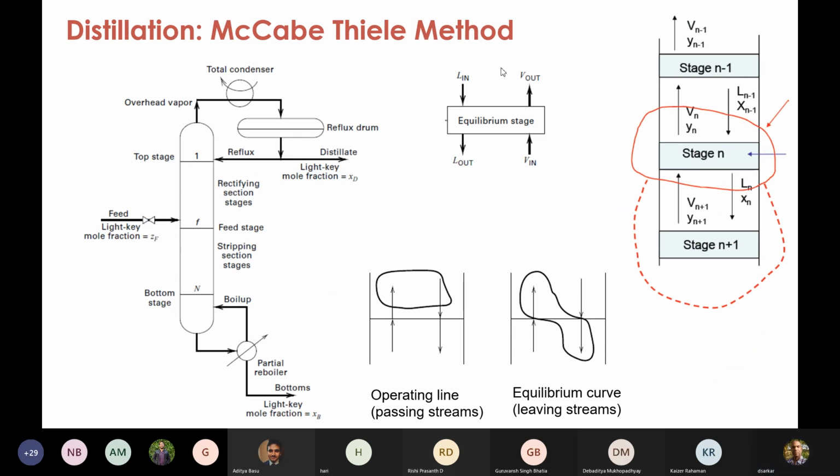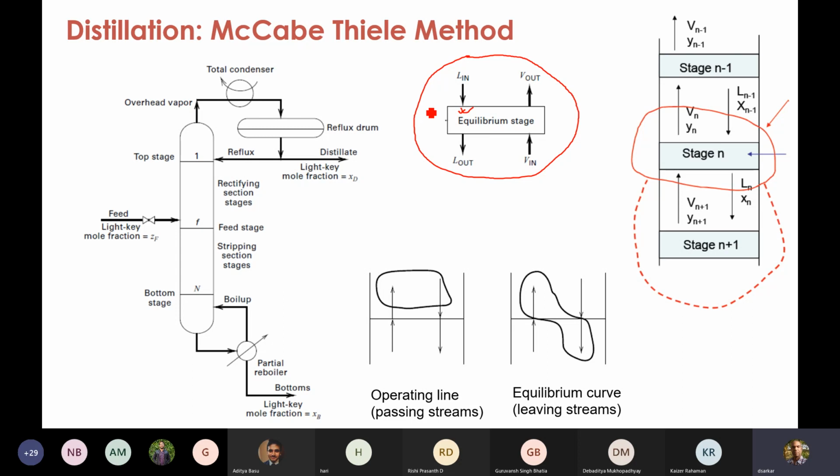Now, if you remember, this is what happens, right? If you look at the equilibrium of any particular stage, an equilibrium stage means a theoretical stage. At that time you consider that it is behaving ideally, so equilibrium will be established between the liquid stream that is leaving and the vapor stream that is leaving. Not the ones they are approaching, the ones which are leaving.